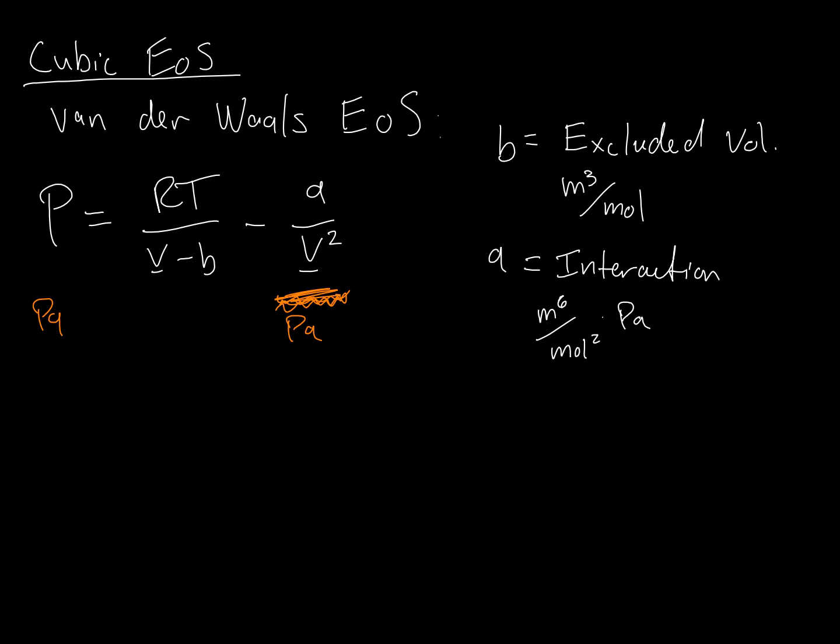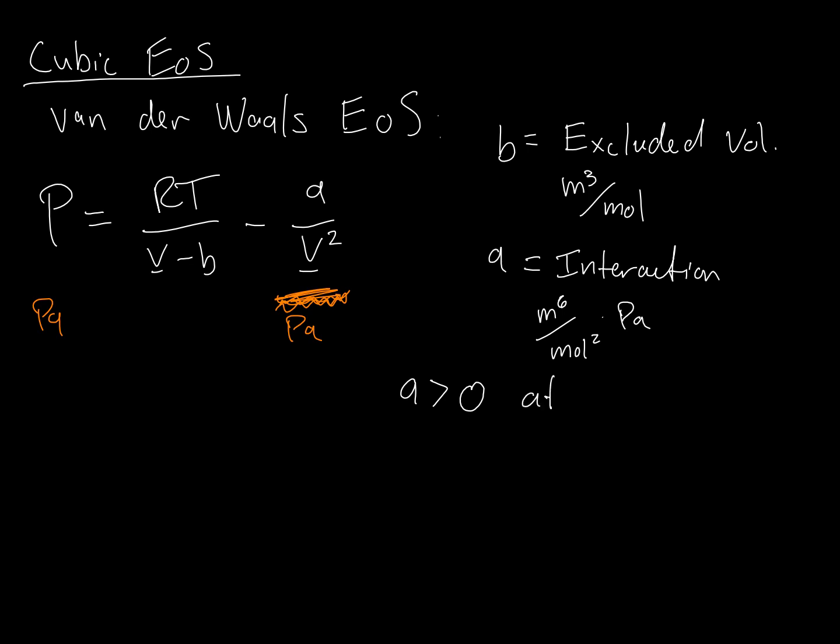Okay. Now, next step. If A is greater than 0, is this attraction between molecules or repulsion between molecules? Attraction. Because then we're going to lower the pressure, so they're going to have to attract. Bingo.